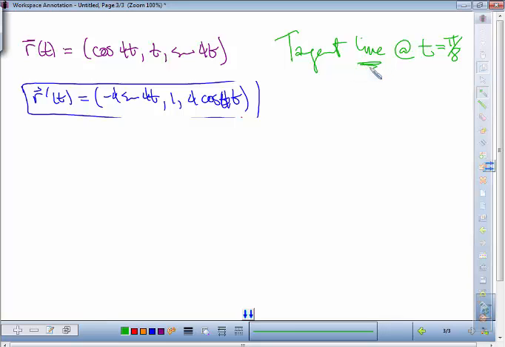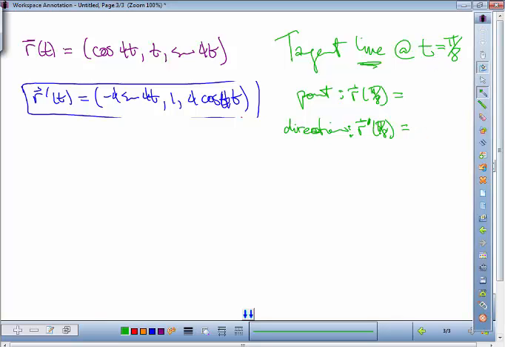Bottom line is that this is a line, and we need two things for a line. We need a point and a direction. Well, if you just put the value of t into the original function, you get the point. So you get r evaluated at pi over 8. And then you get the direction by putting pi over 8 into the derivative. So here are the two things that you need, and then we can just plug those in and get our values.